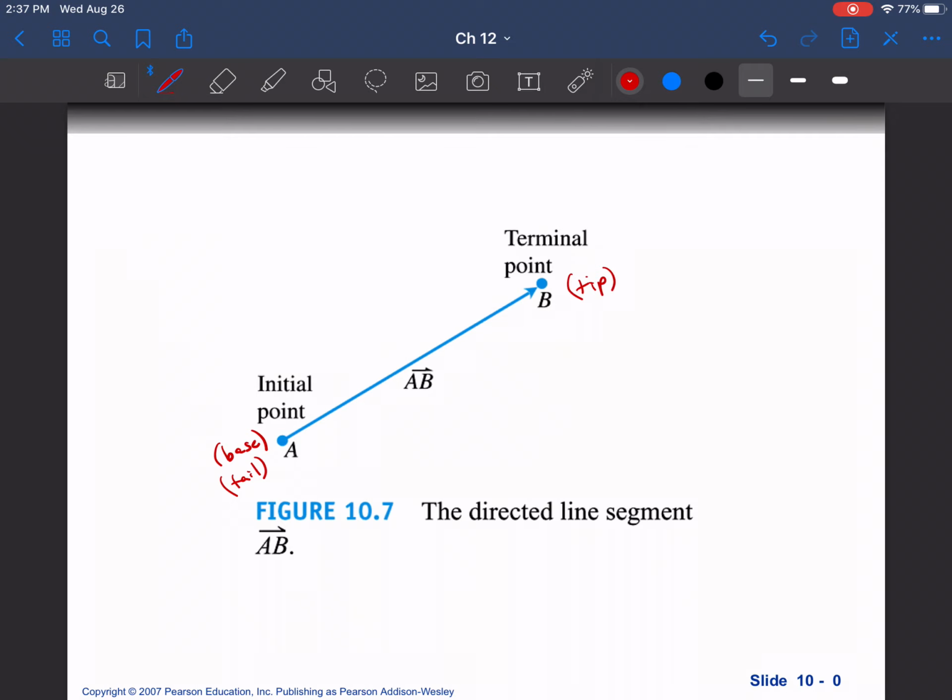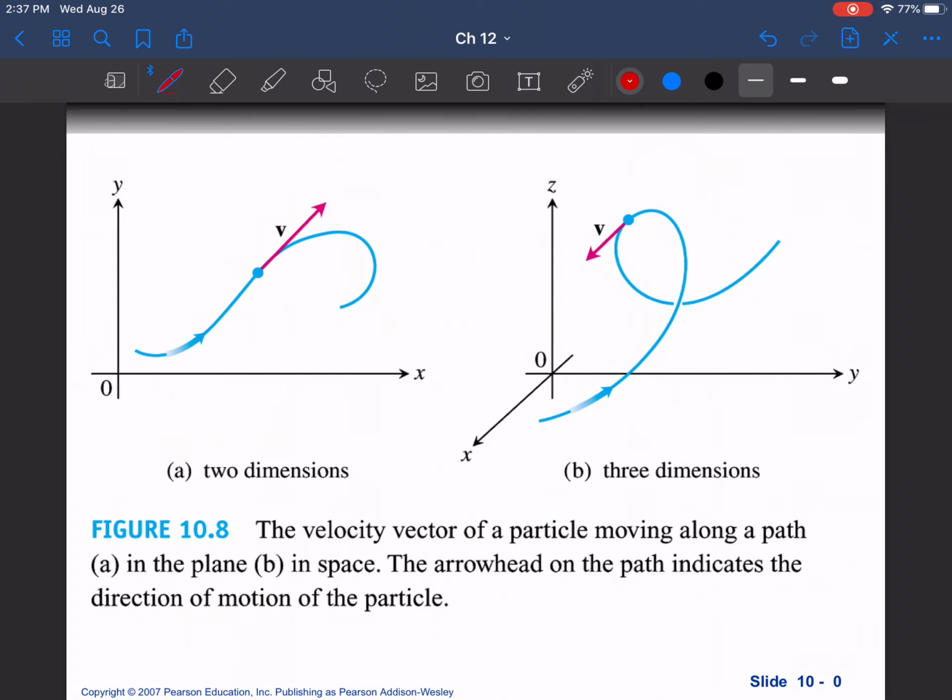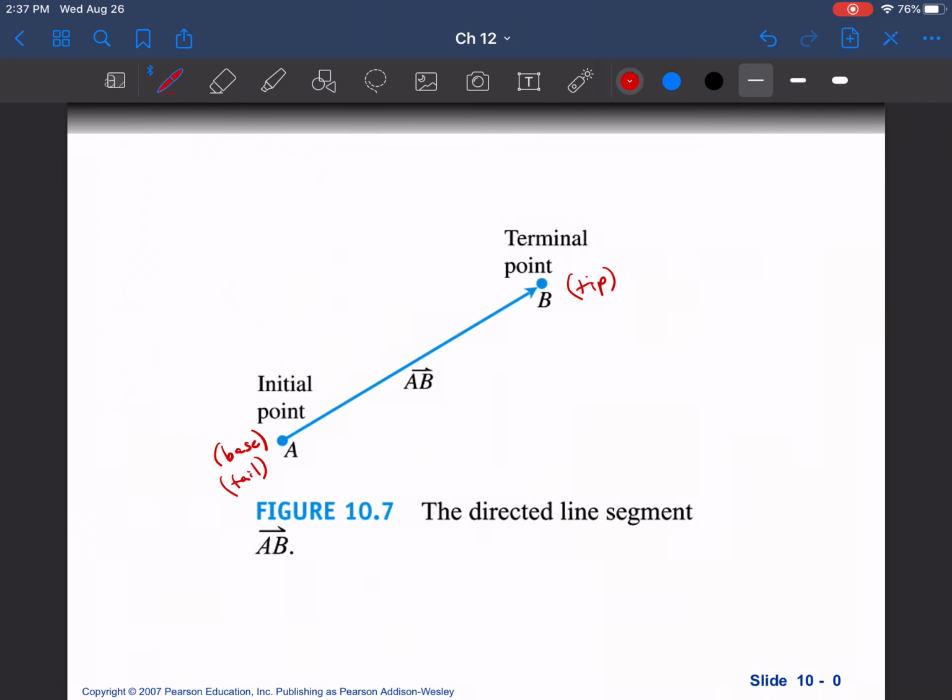So it has an initial point and a terminal point, and this is essentially what we're going to call our vector. It's an arrow. It has a length, however long it is, and then it has a direction that it is pointed. So that's essentially what we have there for our vector.